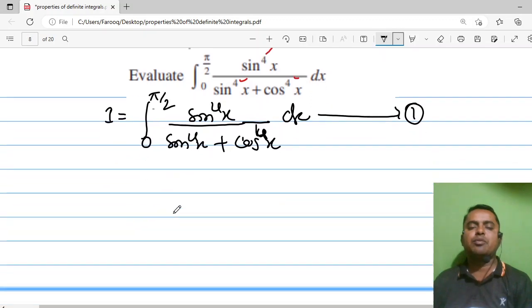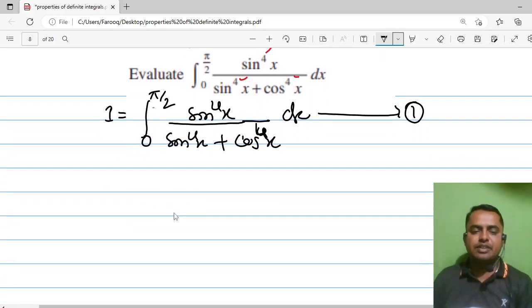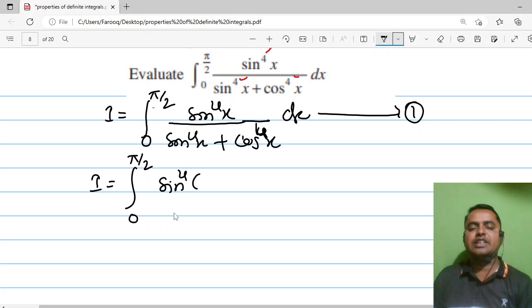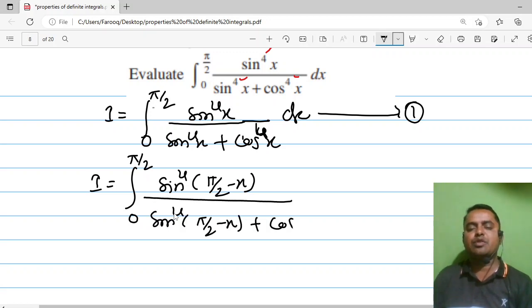Now applying the property in the second step, I is equal to the integral from 0 to 5 by 2 of sin raised to 4, where x becomes 5 by 2 minus x, divided by sin raised to 4 of 5 by 2 minus x plus cos raised to 4 of 5 by 2 minus x.